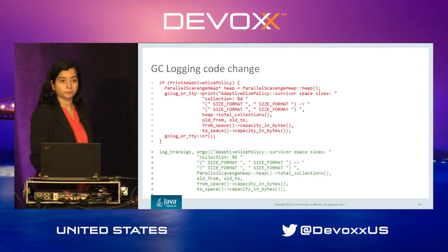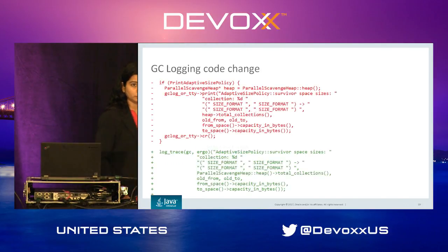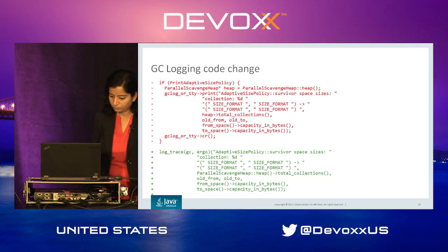So the GC and Urkel, basically, what does log trace GC Urkel return? Is it a stream? Is it something that encapsulates, is this a function query?